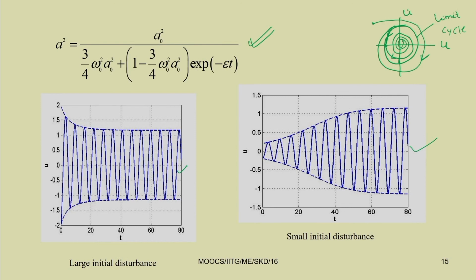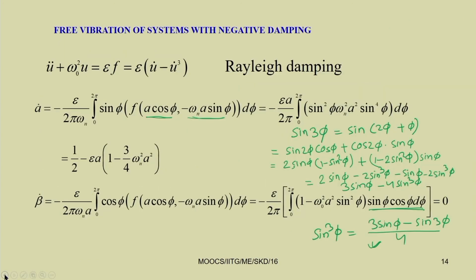So, this way you can solve Rayleigh damping. Here you may also note, if you add the term alpha u cube or epsilon alpha u cube, in that case you have to take this term to the right hand side, replace this u by a cos phi, perform this integration and find the response.